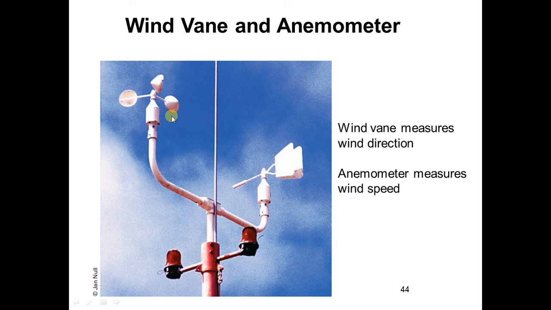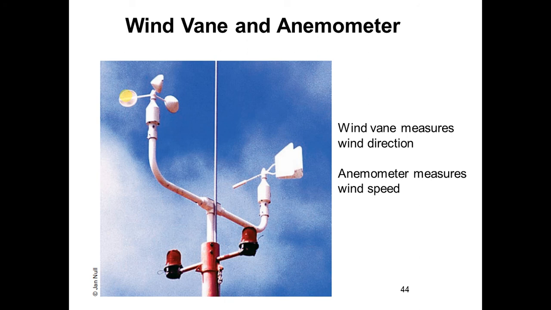The rate at which the cups rotate is directly proportional to the speed of the wind, right? The faster the wind, the faster the cups rotate. And the spinning of the cups is usually translated into wind speed through a system of gears, which may be read from a dial or transmitted to a recorder.